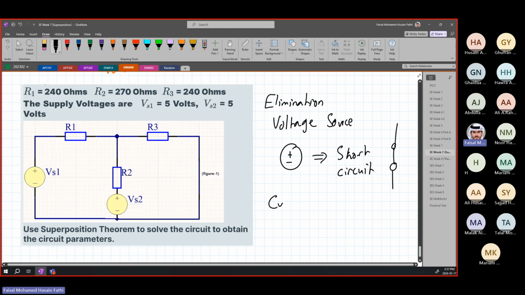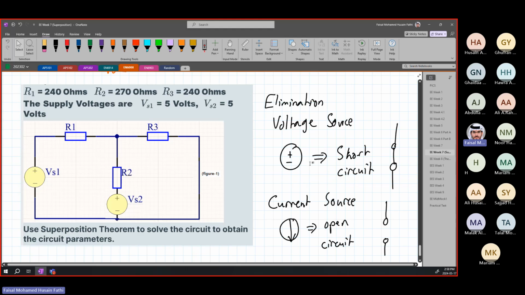If you have a current source, which is usually drawn with an arrow direction like this, it becomes an open circuit. You just keep it open. If you have a switch which is open, the same idea applies.